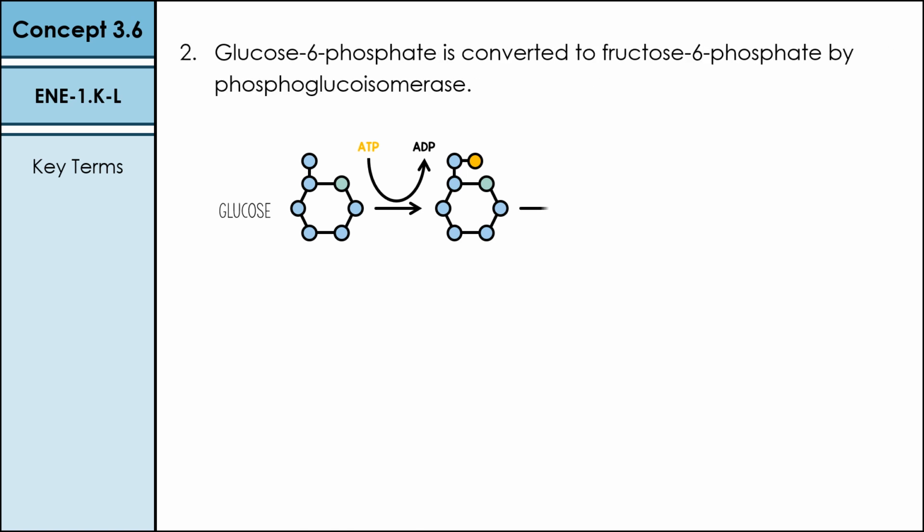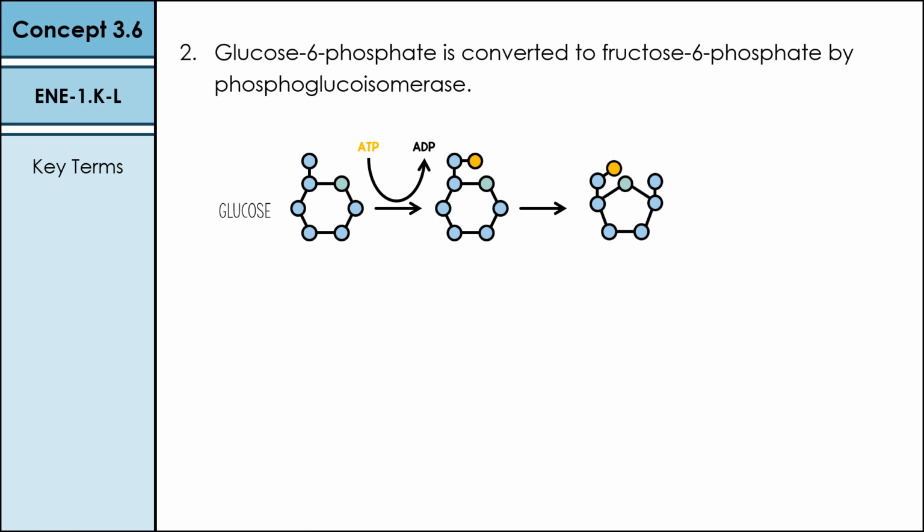Following this, glucose 6-phosphate, which was our product in the previous step, is converted to fructose 6-phosphate by phosphoglucoisomerase. If you remember that an isomer is a different form of a molecule, we have the same number and ratio of atoms, so we're just doing some rearranging at this stage.